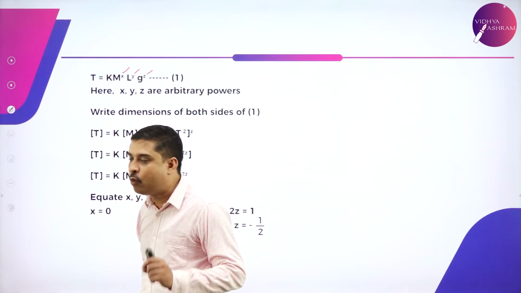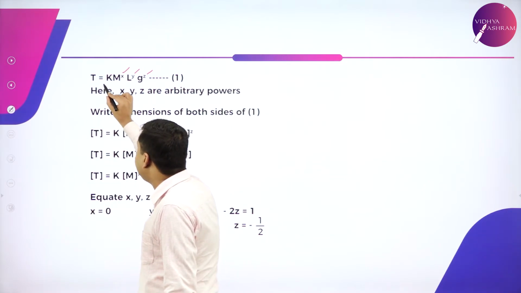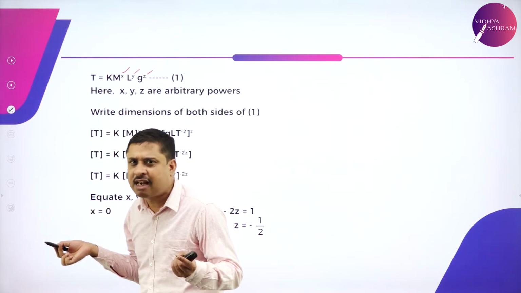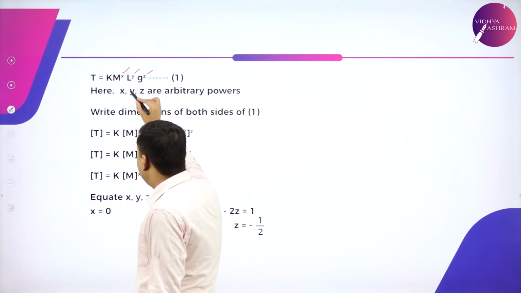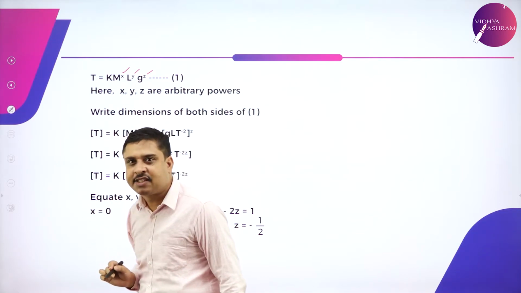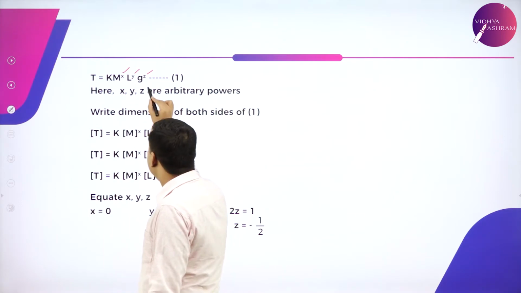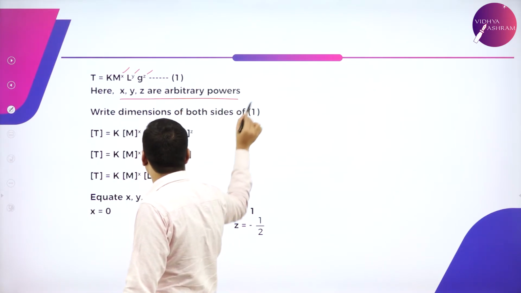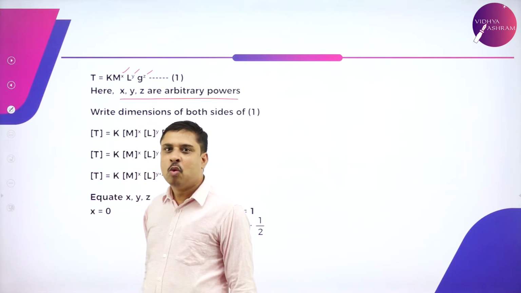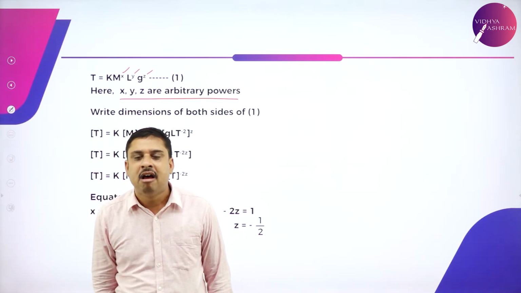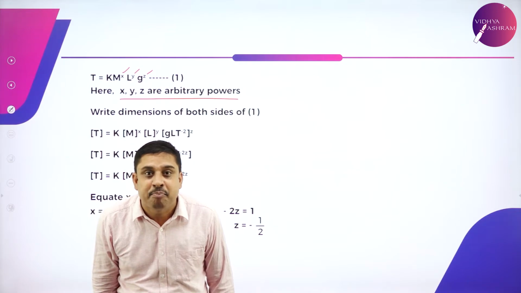Very clinical equation. T equals K, where K is a constant, M to the power x, L to the power y, g to the power z, where x, y, z are arbitrary powers.